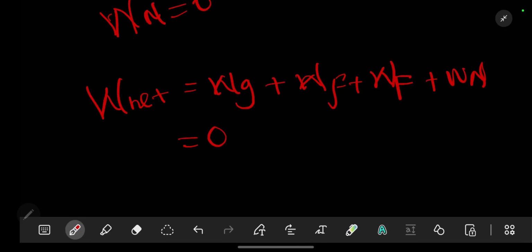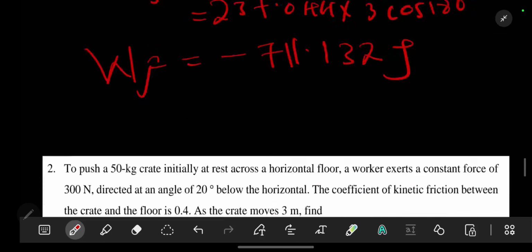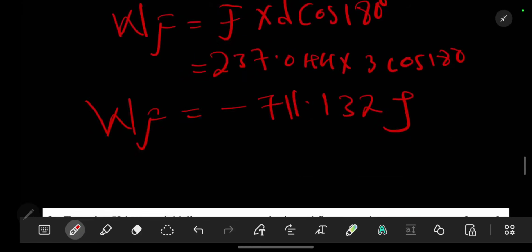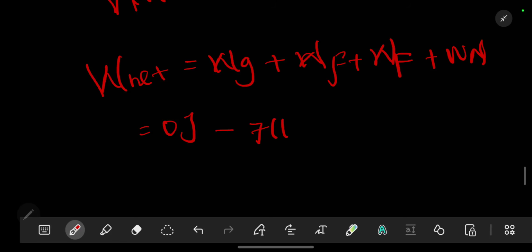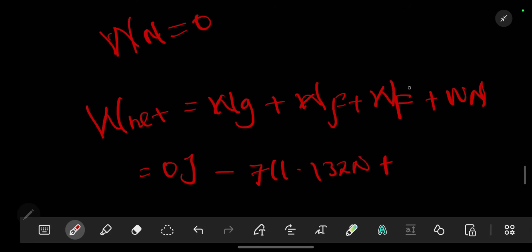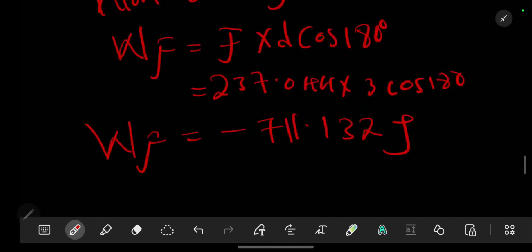Our work done by gravity is 0 joules. Then we have plus our work done by the frictional force, which is negative 711.132 joules. Then we have plus the work done by our force.